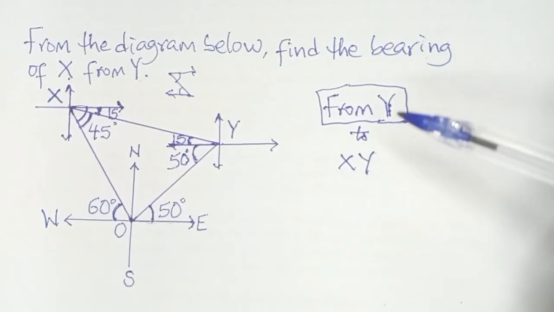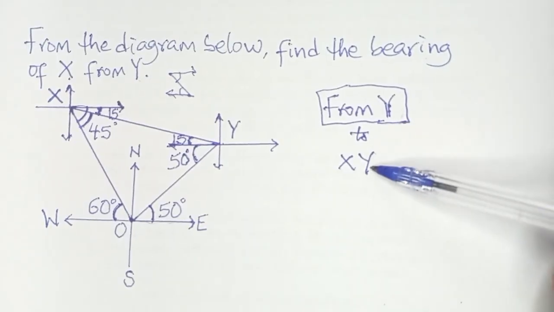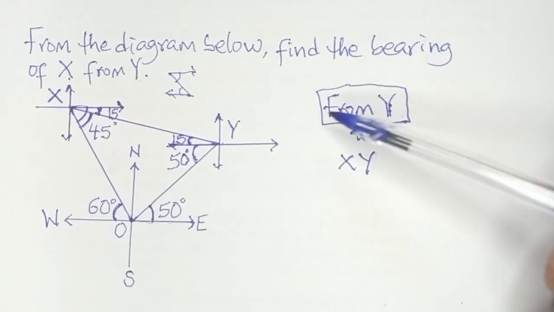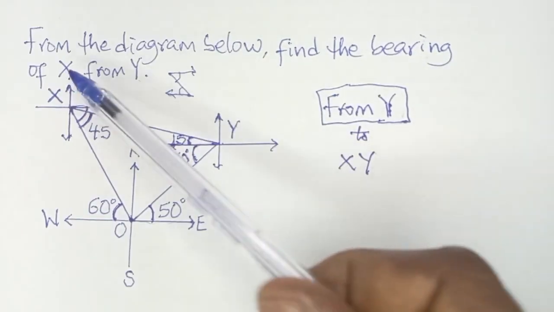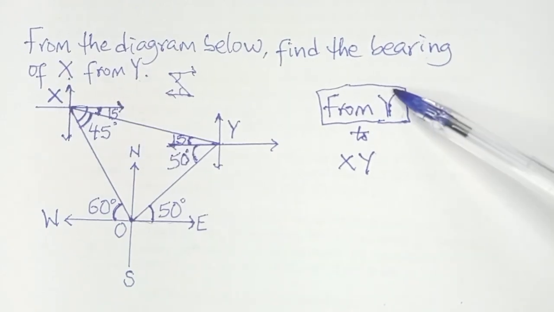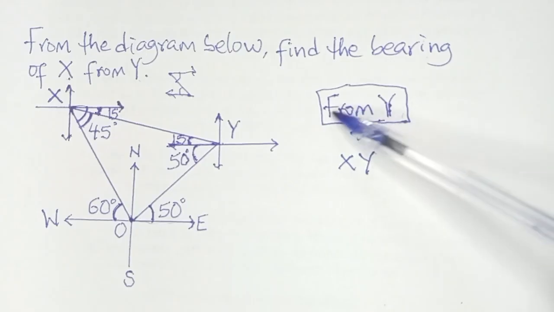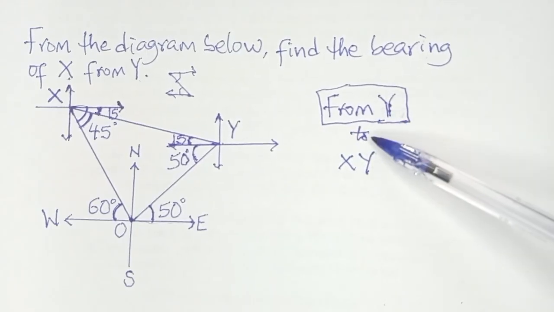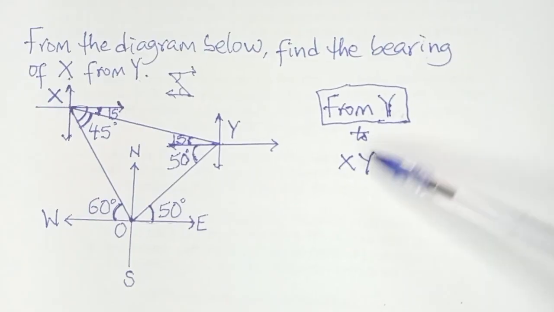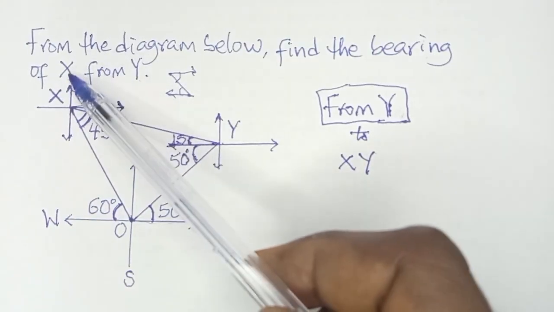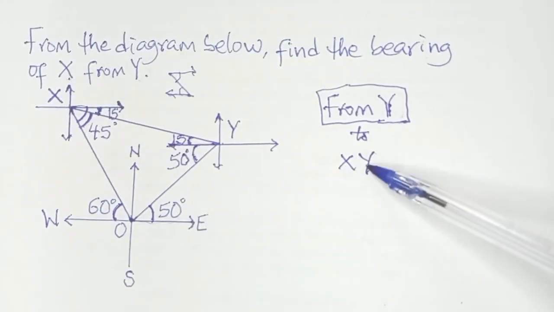This is the method I usually give to students to make it easier to understand. We are looking for the bearing of point X from point Y. So you have to start measuring from Y, the part that has the word from, and then you measure the angle to the line XY, the line that joins X and Y together.